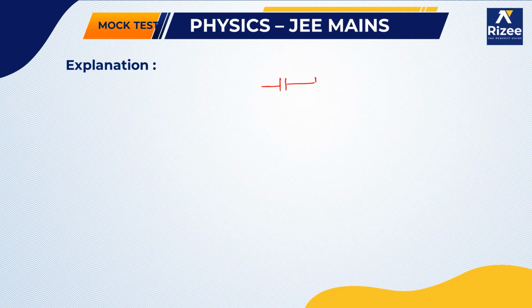This is your first capacitor C1 and this is your second capacitor C2. C1 is equal to 1 microfarad, C2 is equal to 3 microfarad, and the maximum potentials are V1 equal to 6 kilovolts and V2 equal to 4 kilovolts.